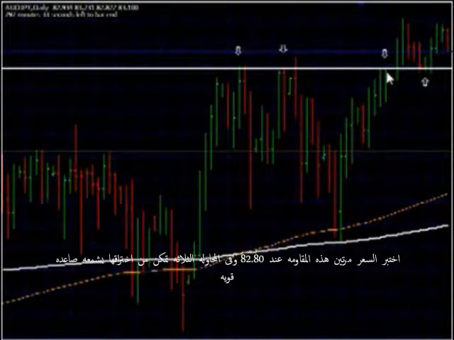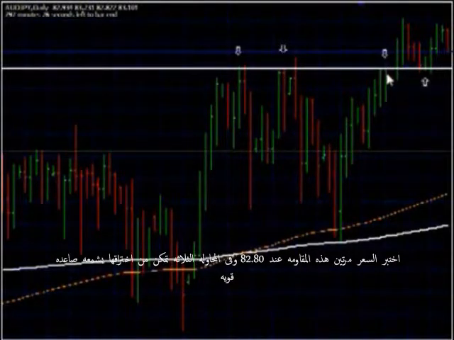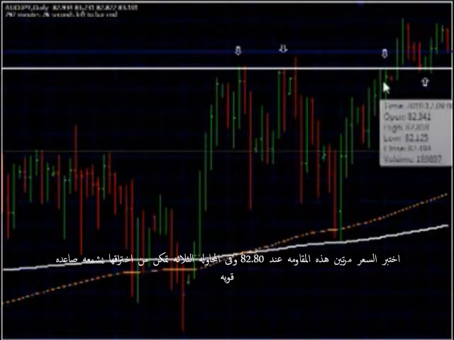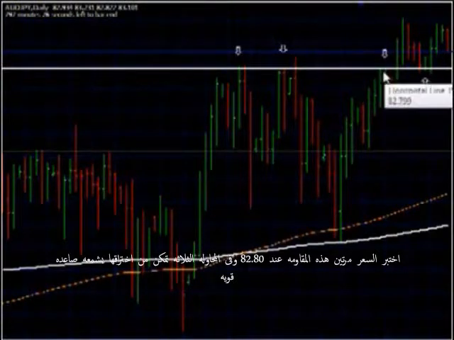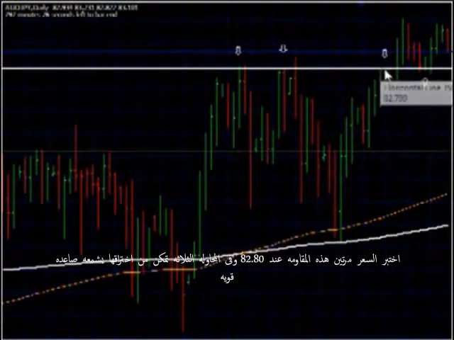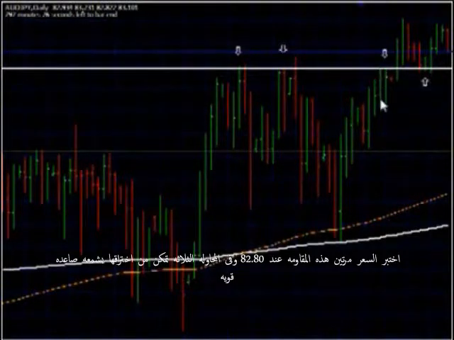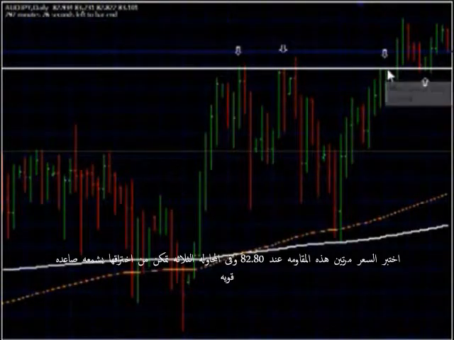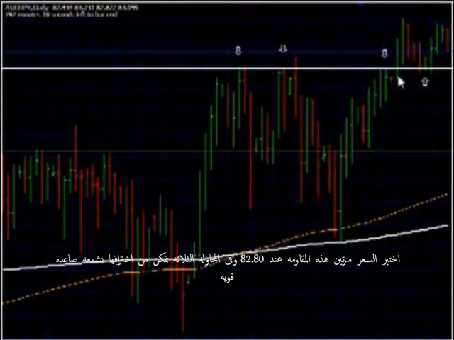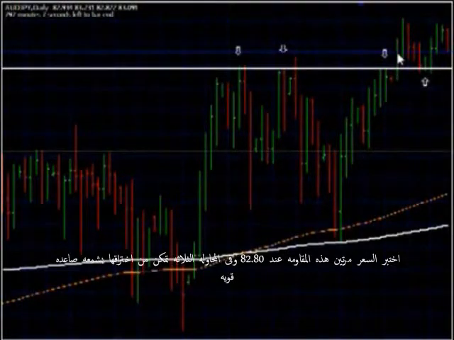We shared this in our group, where we believed that price would eventually break up at this point in time, which it did. Price touches that 82.8, gets rejected, moves up, still touches it, gets rejected, and on the third try it broke up with a nice bullish bar.